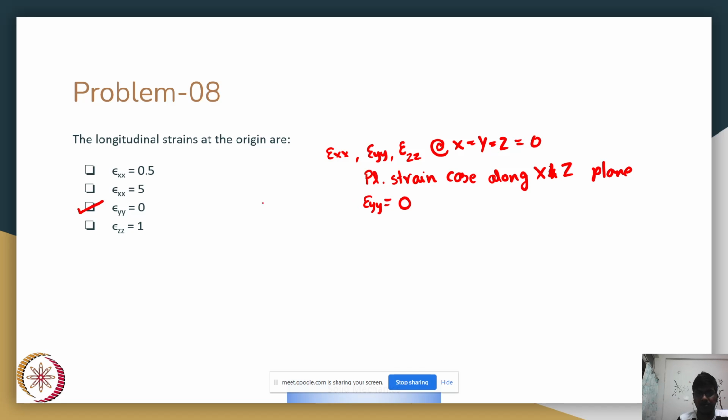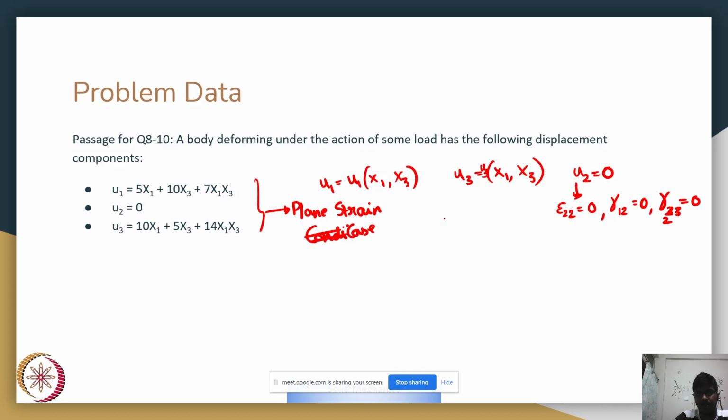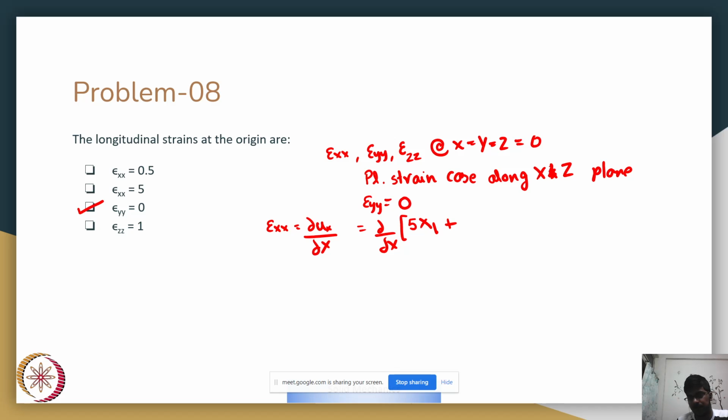And what about epsilon xx? Epsilon xx is dou ux by dou x, which is dou by dou x of 5x tan z plus 7xz, right?